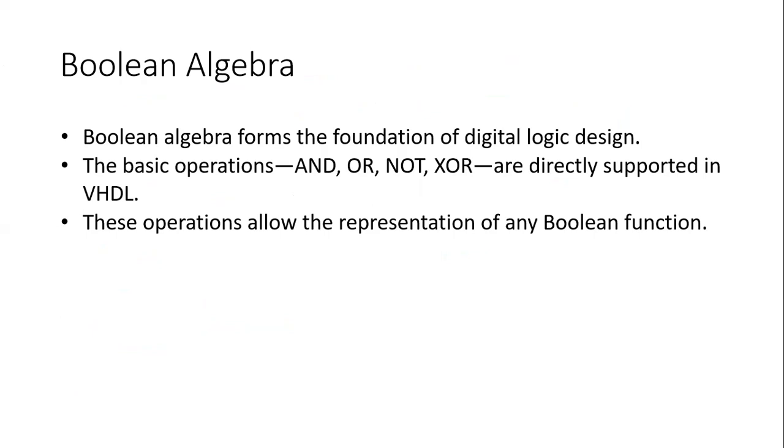We already made mention of the AND, OR, NOT, exclusive OR, even the NAND gates, the NOR gates, the exclusive NOR gates, and all of these operations could be supported using VHDL code. We'll play with a few right away. And these operations also allow the representation of any Boolean function.